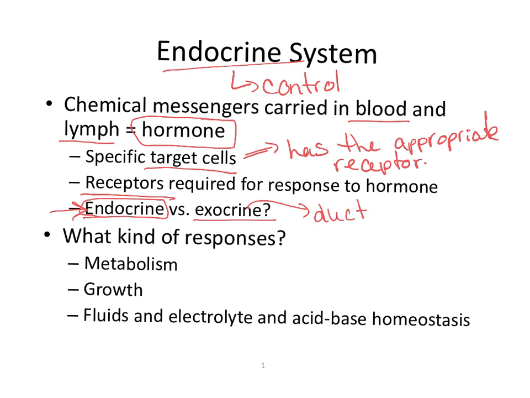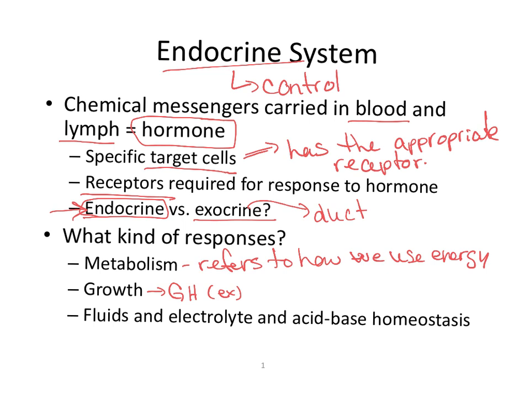Now, the endocrine system, using these hormones and receptors, is going to cause some different kinds of responses in your body. In general, those responses are things like metabolism, which refers to how we use energy. Hormones also can cause growth, such as with growth hormone, for example.